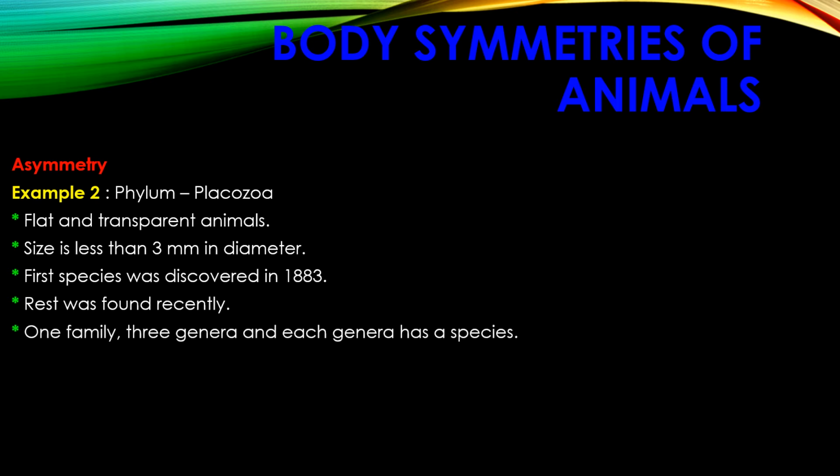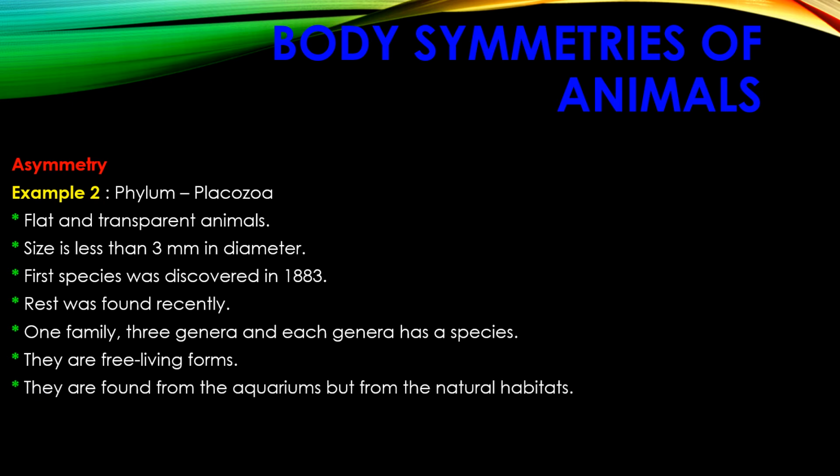So this phylum Placozoa has one family and three genera, and each of these genera has a species. All placozoans are free living forms and they are found in aquariums but not in natural habitats.